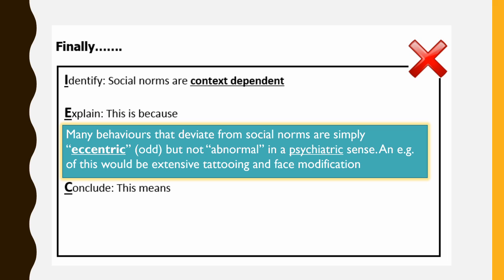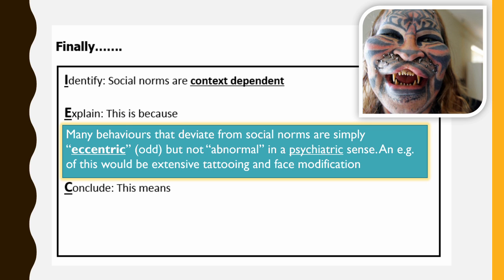An example to illustrate that point is extensive tattooing or face modification. So we've all seen examples like this. I know that many of you, as our students, have got tattoos. If you consider somebody like Ed Sheeran, who's recently gone out and tattooed virtually his entire body, is that abnormal or is that just a personality trait?